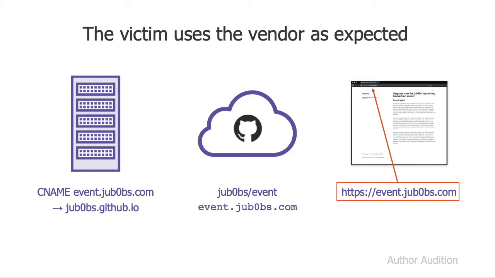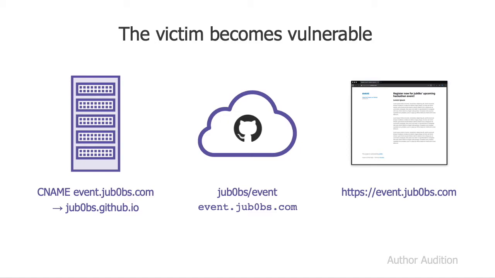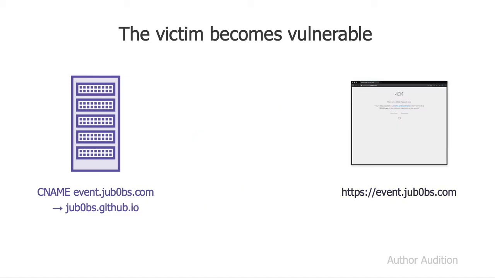But that's where things start to go wrong. At some later stage, because the site has now outlived its purpose, the organization deletes the repository from GitHub. Doing so also releases event.jubobs.com as a custom domain on GitHub Pages. Crucially though, they forget to remove the CNAME record, and their subdomain still points to GitHub Pages.